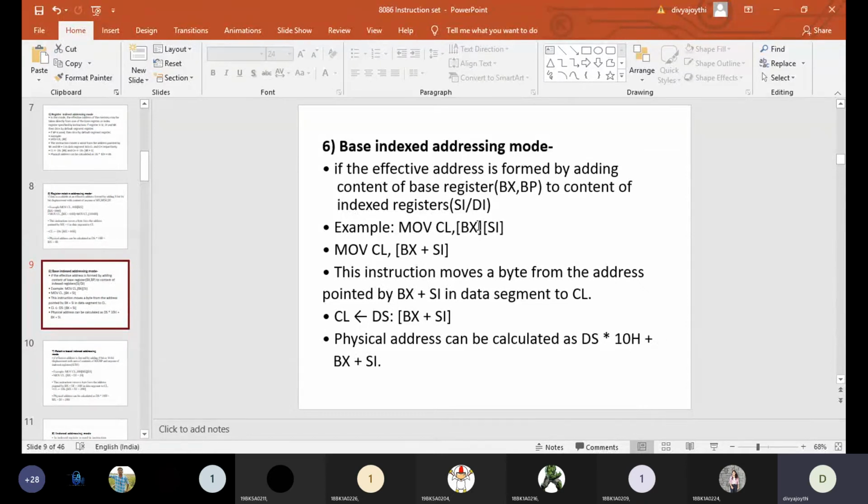Here, as both are represented within the braces, that indicates that both are carrying offset addresses. So while executing this instruction, the processor will add up these two offset addresses. Whatever result it gets after adding the offset addresses, it considers that resultant offset address, moves on to it, gets the data from there, and transfers it to the destination register. So that is about base indexed addressing mode.